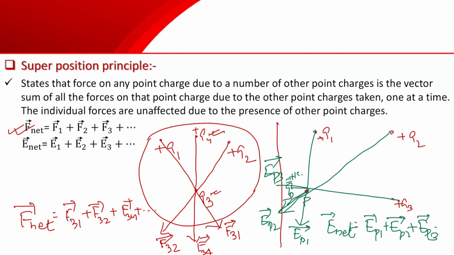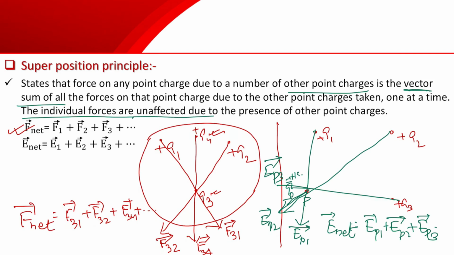So with the help of the superposition principle, we can find the force on a particular charge due to multiple charges present in the system, or the electric field intensity at a point due to multiple charges present in the system. The statement states that the force on any point charge due to a number of other point charges is the vector sum of all the forces on that point charge due to the other point charges taken one at a time.